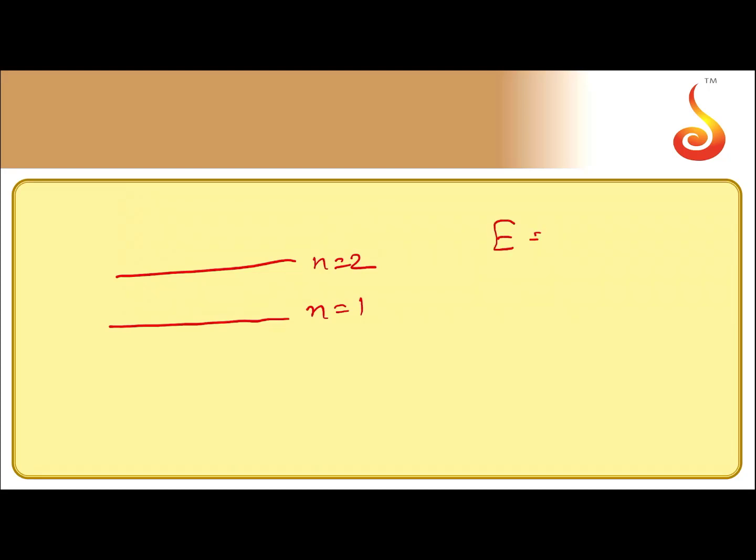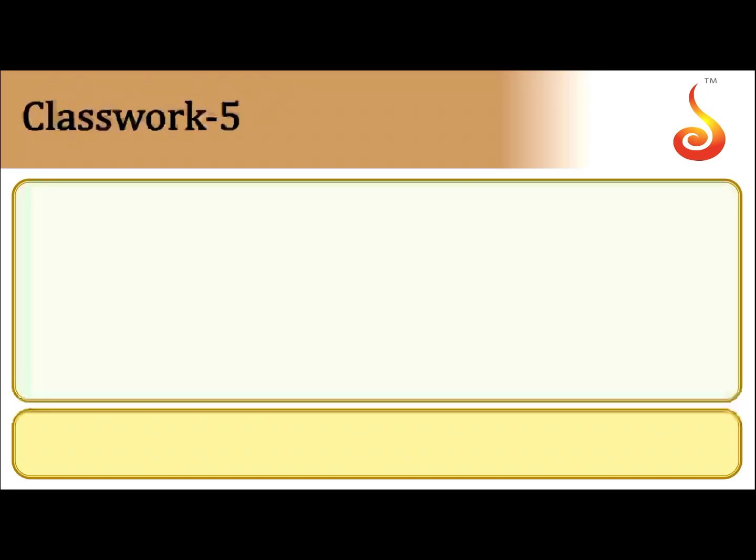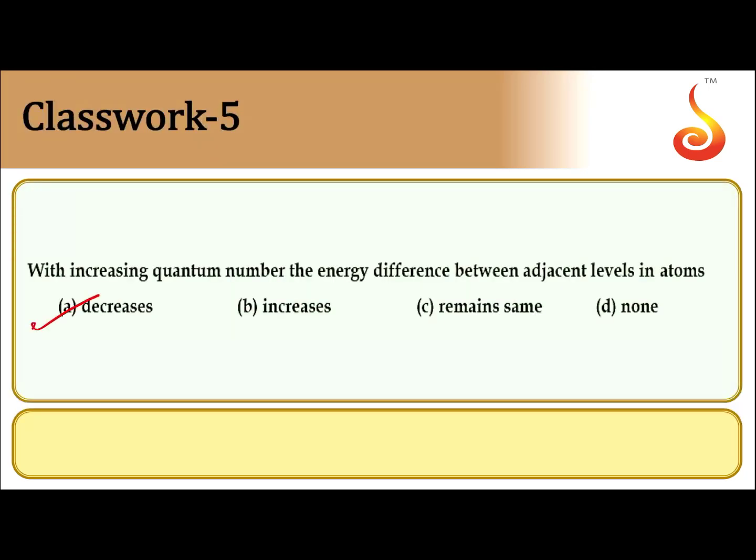If you look at this equation, this is minus 13.6 electron volts divided by n square. So the gap goes on decreasing as you go to the higher quantum numbers, or say principal quantum number. So the gap goes on decreasing. A is our correct choice.